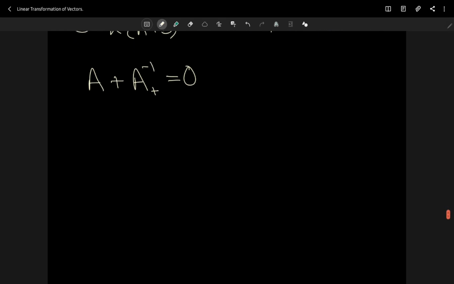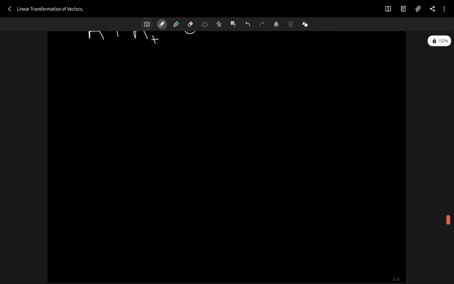Okay, so well then what about the multiplicative inverse, or the product? That is A composition A inverse, or A times A inverse, is identity. Does this A inverse even exist in the first place?